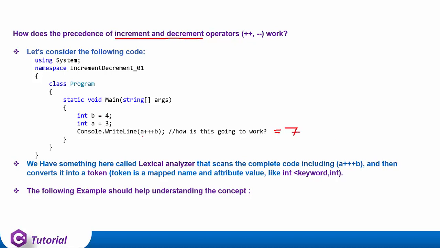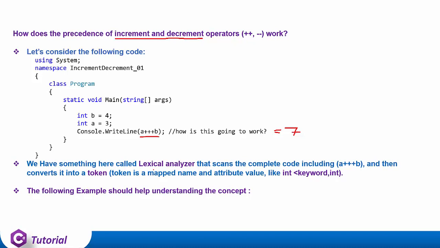4 plus 3, of course, is 7, but there should be some mechanism for this code to give you the 7. Why didn't it give you 8 or 9? Maybe we have to understand how this works. So here we have something called the lexical analyzer.